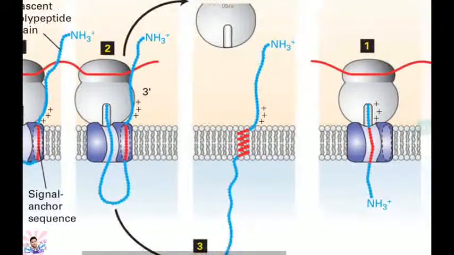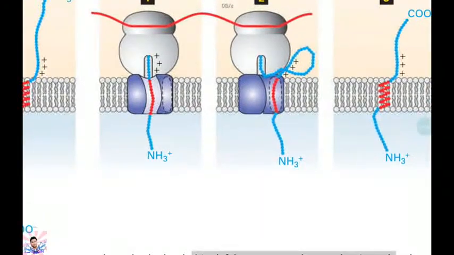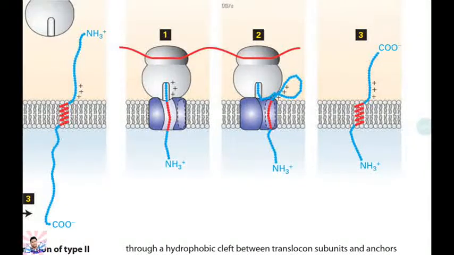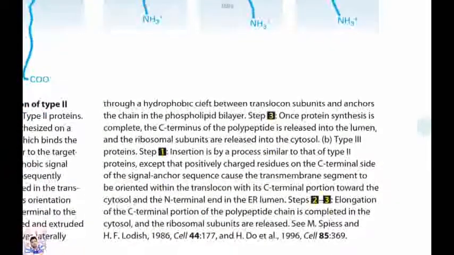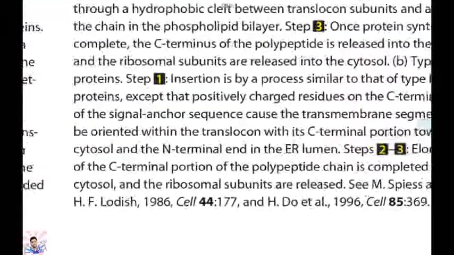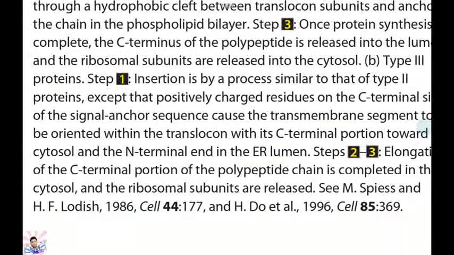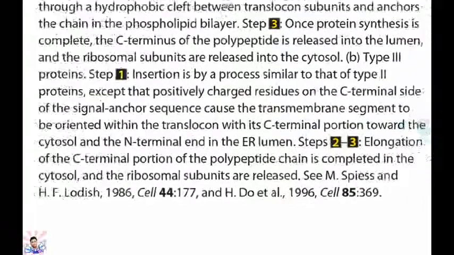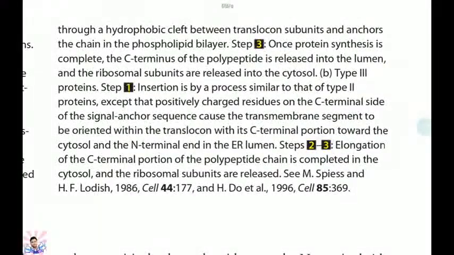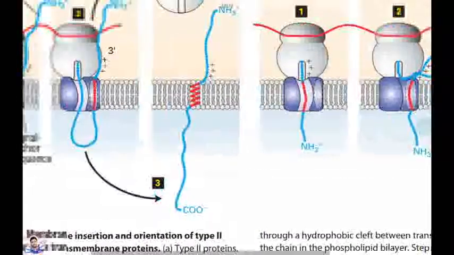And in type 3, you can find the N-terminal towards the endoplasmic reticulum lumen, and the direction remains the same. This is because of the difference in their terminals: the positive charge residue on the C-terminal side of the signal anchor sequence causes the transmembrane segment to be oriented within the translocon with the C-terminal portion towards the cytosol and the N-terminal end in the ER lumen. That means it's simply telling us that the positively charged region is inside.